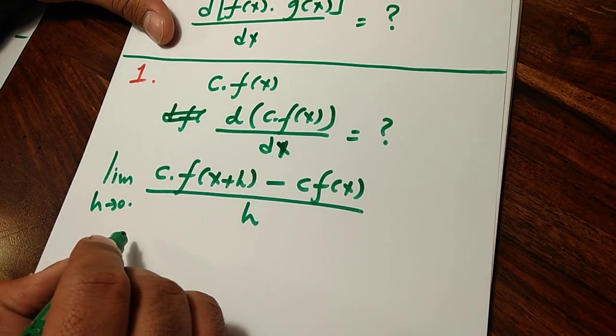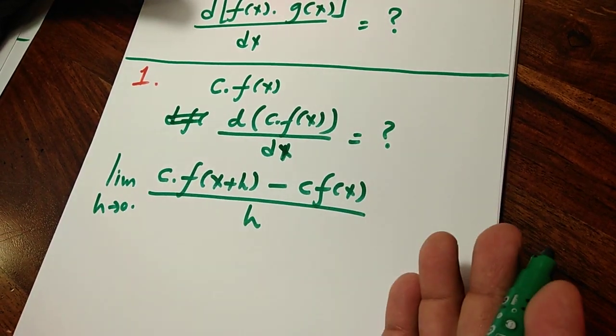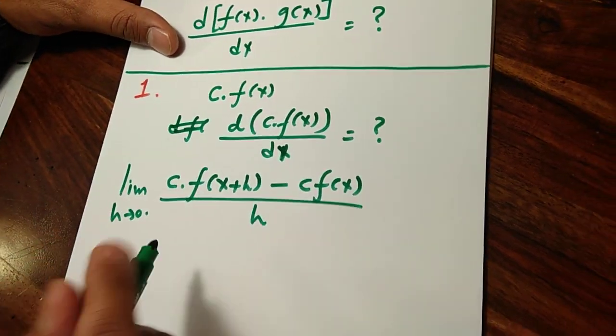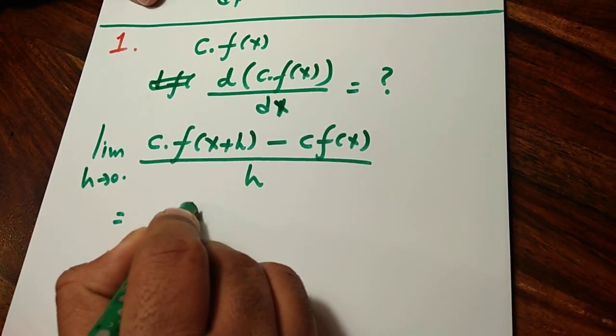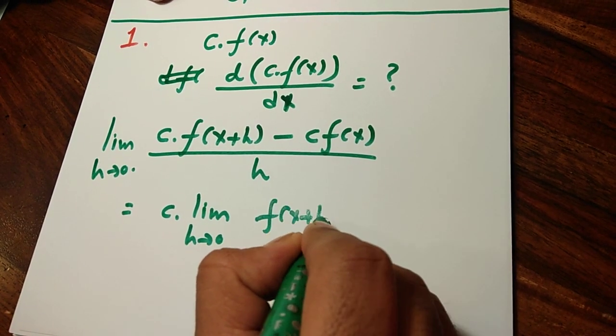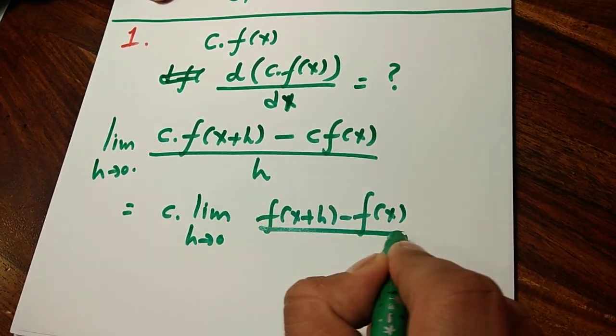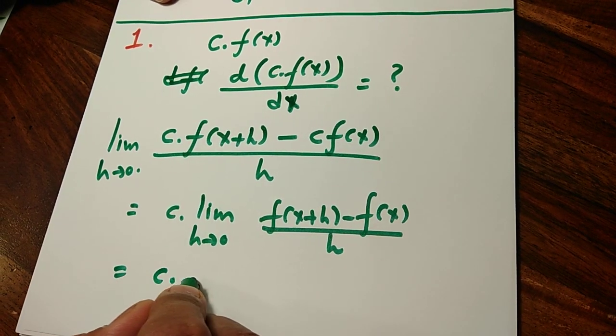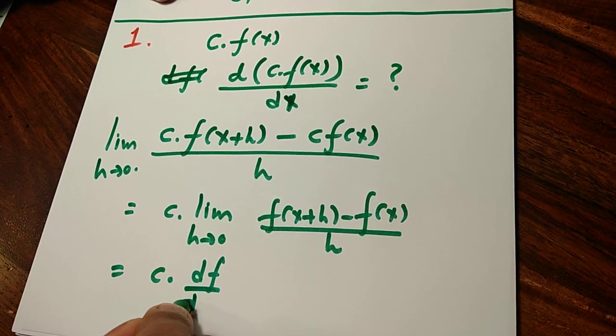Since c is a constant, when you're taking limits, a constant will come out. So you can write this as c times the limit as h goes to 0 of the difference quotient, which is c times df over dx.